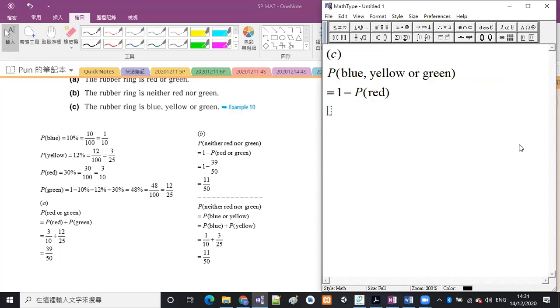Get it? And then it should be 1 minus P red. P red will be 3/10, and the answer will be 7/10. Okay, so that is like this.